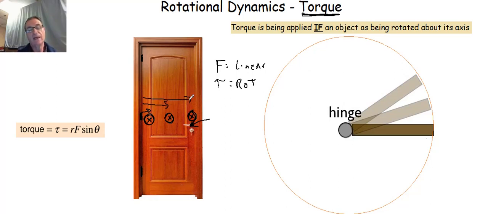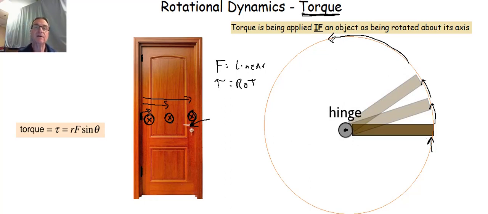If we were to look top down on the door, say this is the center point over on the right-hand side, what would happen is if we push the door with a force right about there, the door would start to rotate back, and it would keep going back along a circular path until something stopped it.